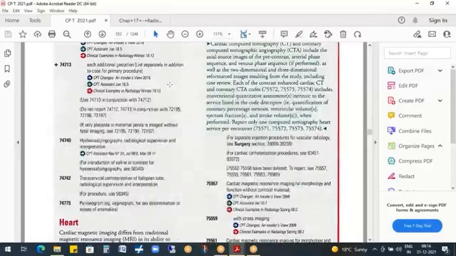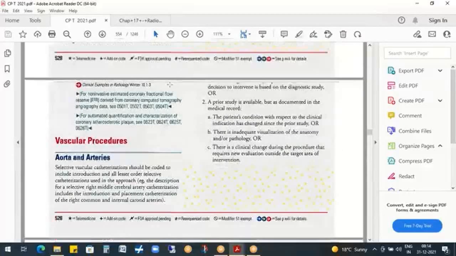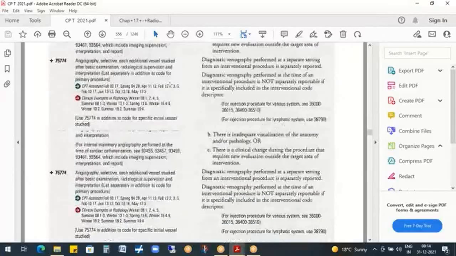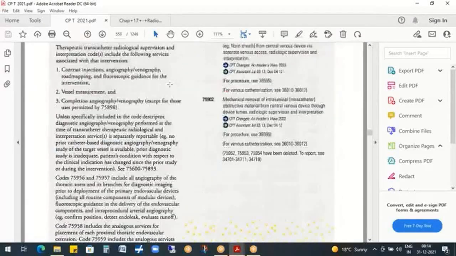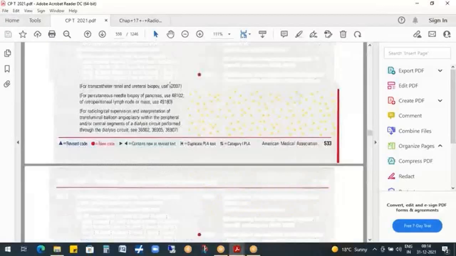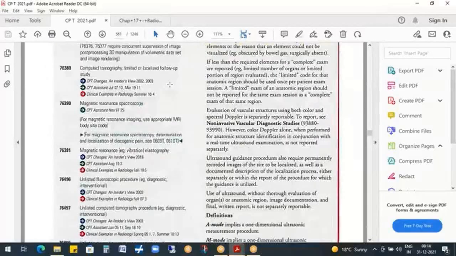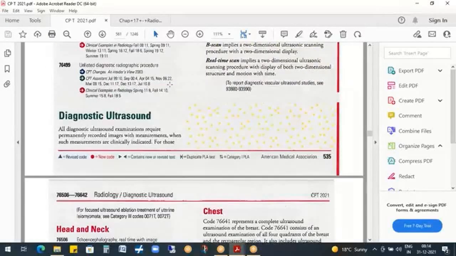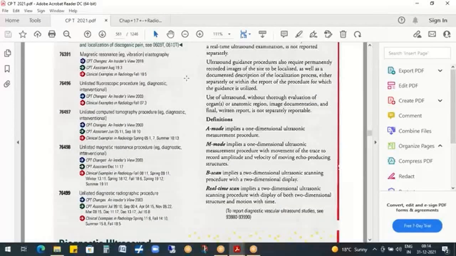Page number 535. Can you see how many types of ultrasounds there are?